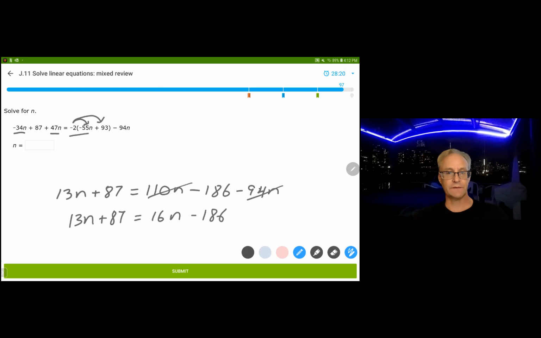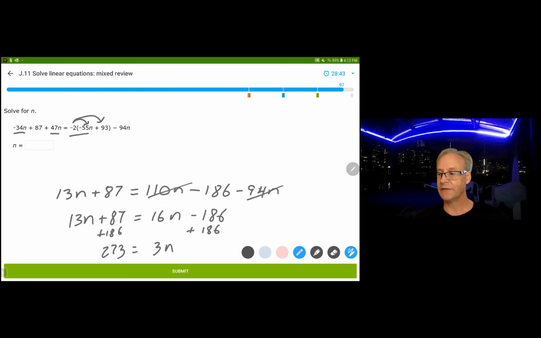And it looks like we're going to subtract 13n from both sides. And I'm also going to add 186 to both sides. Write it, 186. And that's going to be 273. There we go.